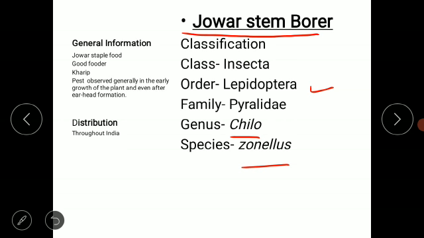The Jawar stem borer is one of the major pests of the Jawar plant. This pest is generally observed in the early growth of the crop, and even after the formation of the ear head.